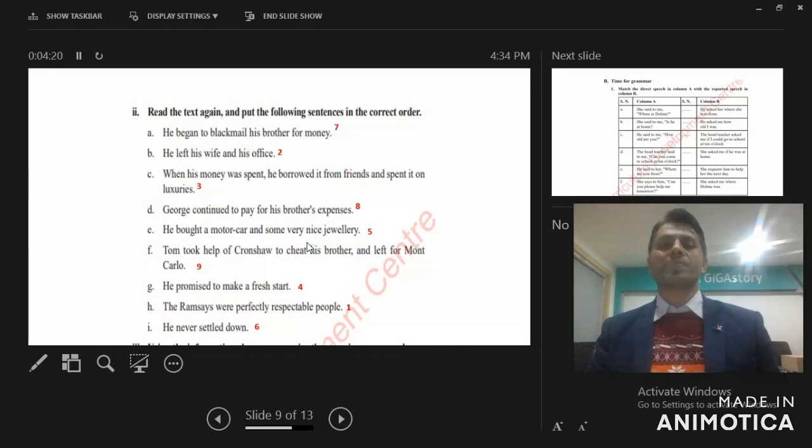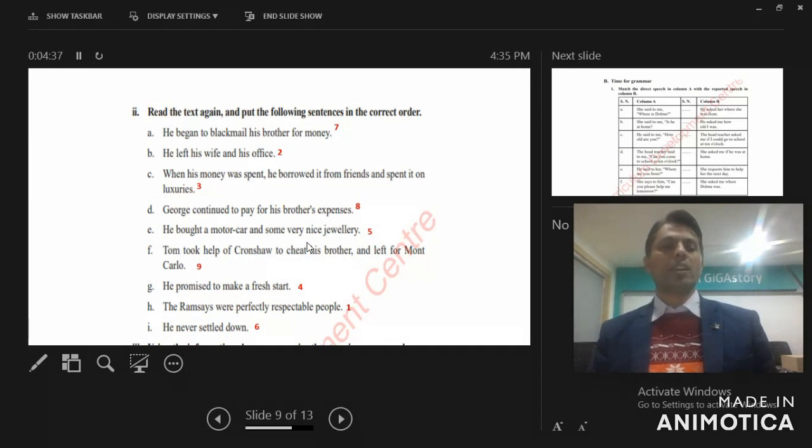Got it? So these are the correct order. You can write these sentences in your English notebook and submit it to your English teacher in your school.